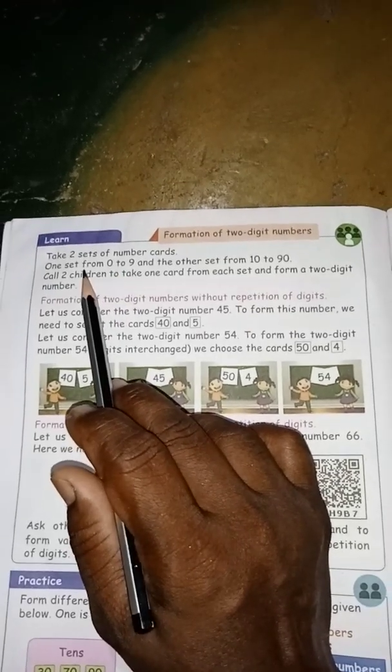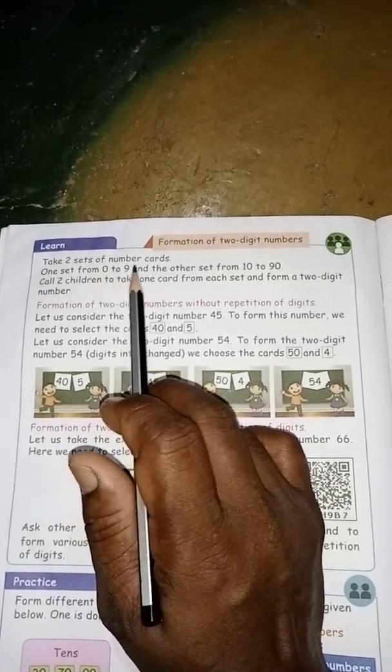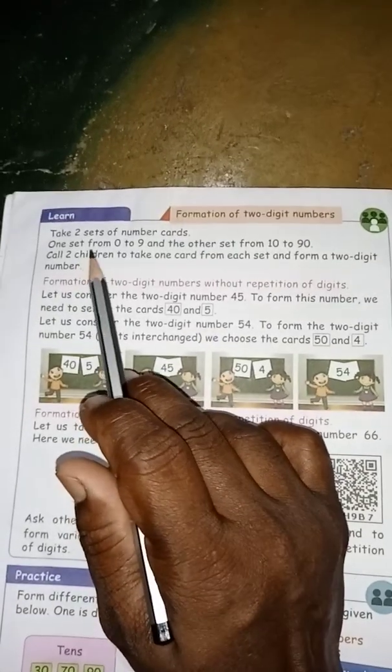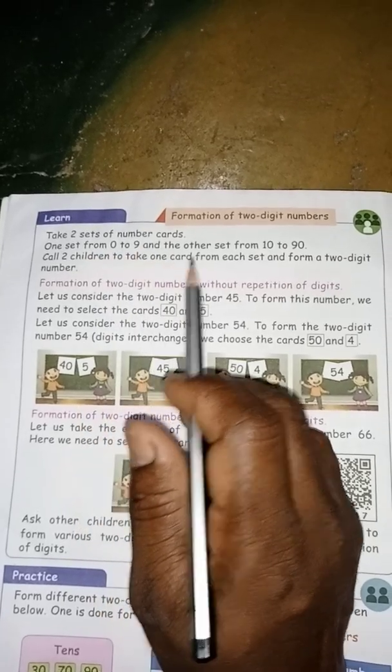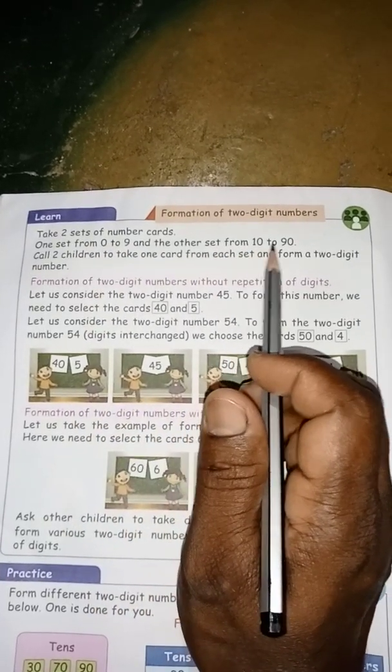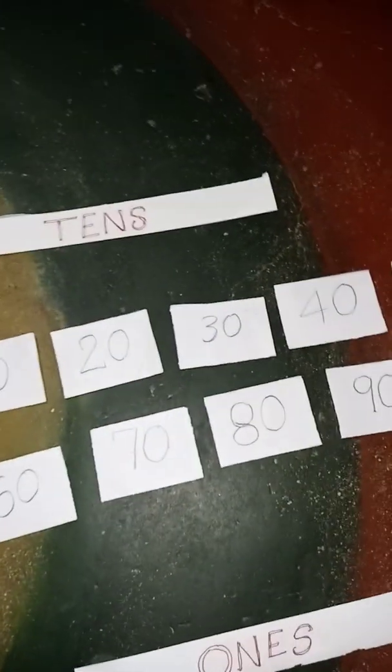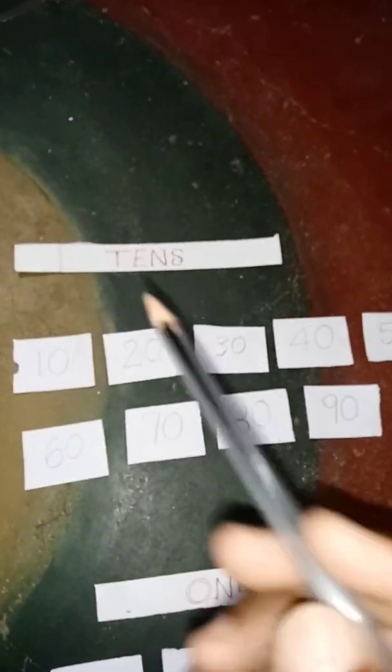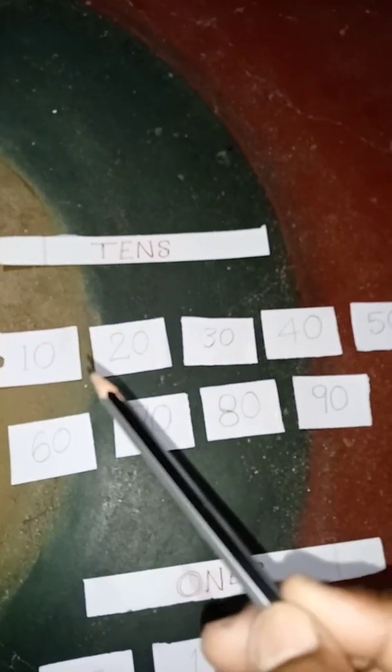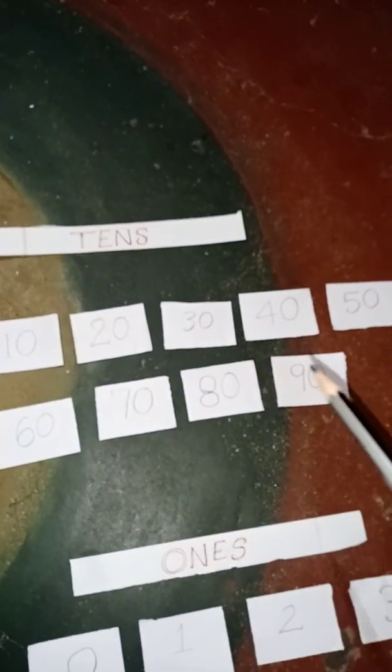Now we should take two sets of number cards. One set is from 0 to 9 and another set is from 10 to 90. Tens are 10, 20, 30, 40, 50, like that, up to 90.